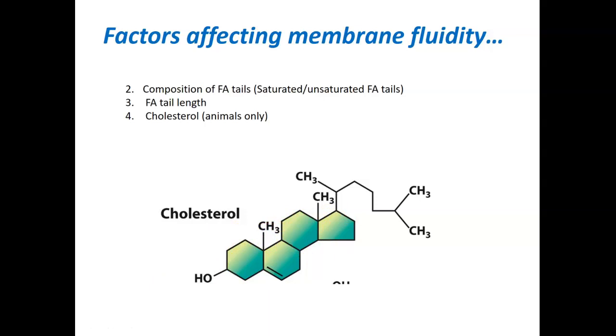As I mentioned, at really cold temperatures, this almost acts like an antifreeze and inhibits freezing of the plasma membrane. Whereas at really high temperatures, when the phospholipids would get more leaky, cholesterol provides some structural integrity there as well. So cholesterol really is incredibly important for our plasma membranes.